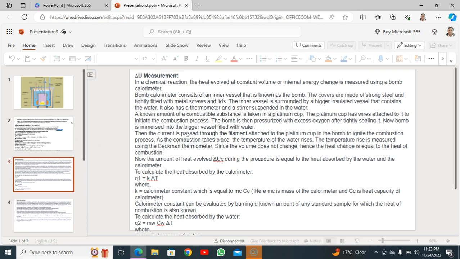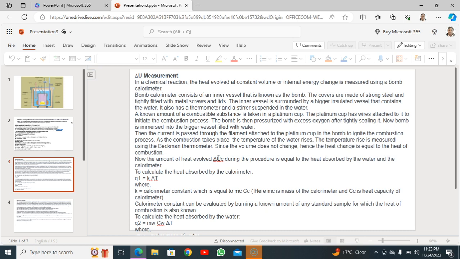Now the amount of heat evolved, dU, during the procedure is equal to the heat absorbed by water. The total amount of internal energy will be absorbed by water.